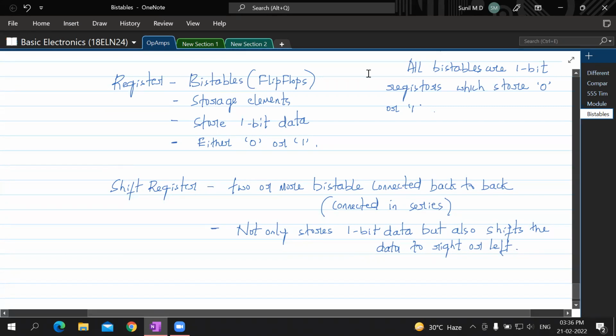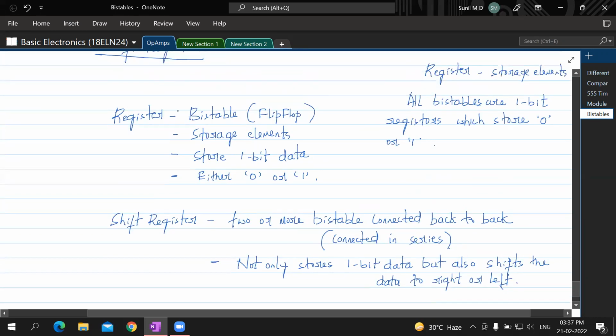A register is one flip-flop. Let me just correct this. Let's not say bistables, but it is one bistable. Any one bistable. It stores 1-bit data.